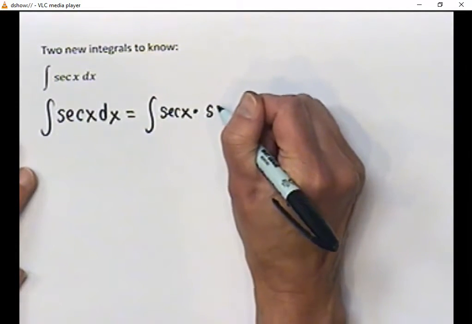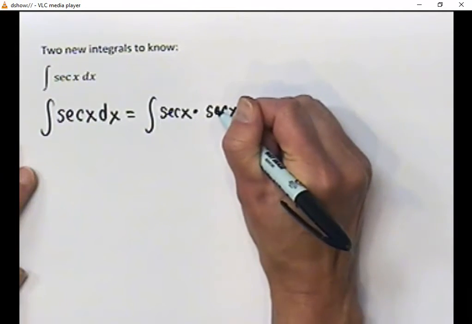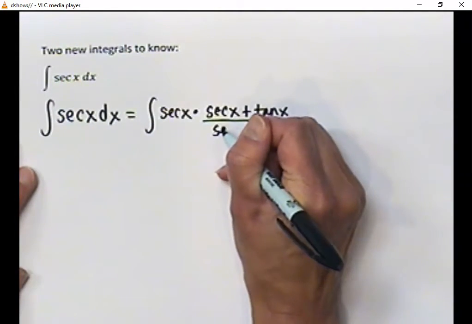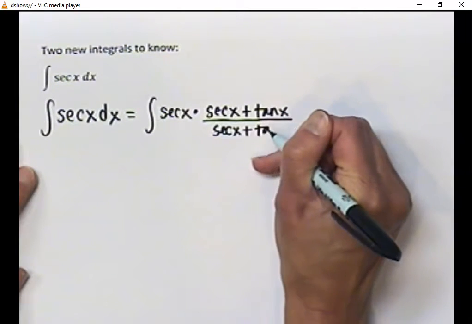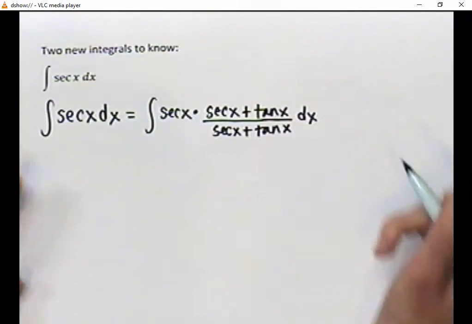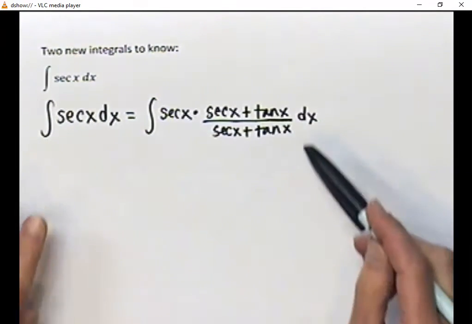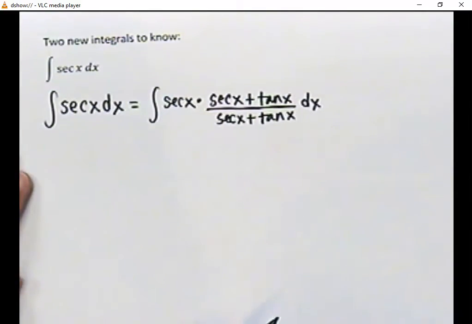We're going to use here secant x plus tangent x, and we're going to make that into a fraction that would reduce down to 1, so we're not really changing the integral. We're going to multiply the numerator and denominator by secant x plus tangent x. You're like, how did I randomly pick that? Well, it wasn't random, but it will help us a lot to integrate this. But notice I'm not really changing anything, I'm just multiplying by a form of 1.